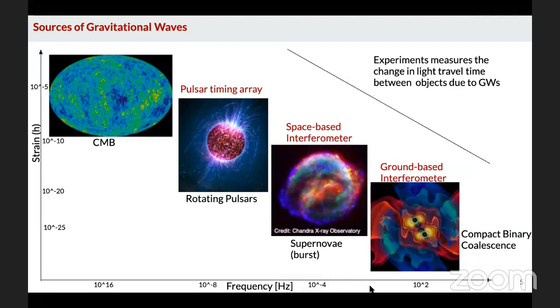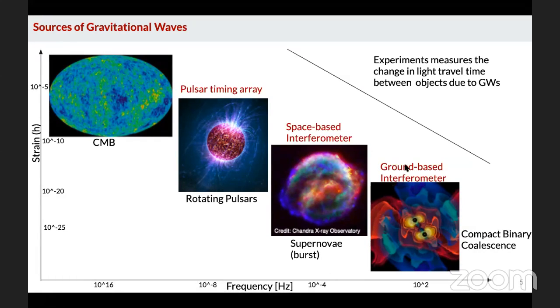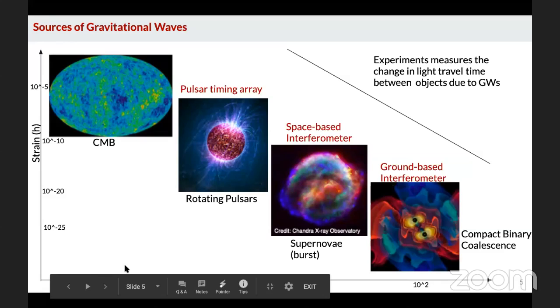Yes, it can give information, but we are just limited by the sensitivity of our detectors. We need space-based or other projects which can reach a sensitivity level of 10 to the power minus 40 or 50 in order to detect those kinds of signals.